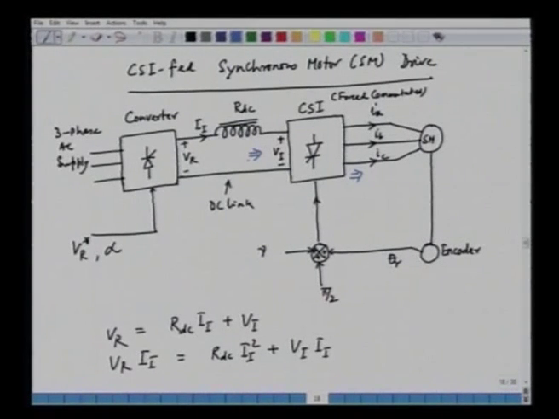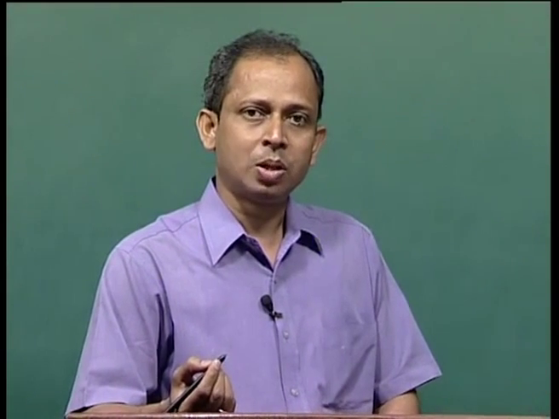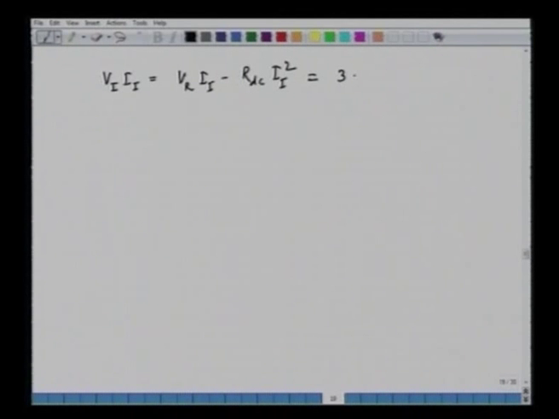If we assume this, this is the input power of the current source inverter, and that is equal to the power which is given to the machine. The machine is having a power factor of cos theta. So, that is equal to 3 into VA, the per phase voltage of the machine, into IA, the per phase current, into cos of the angle between VA and IA, that is theta.